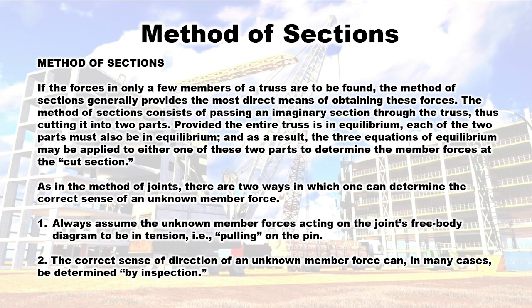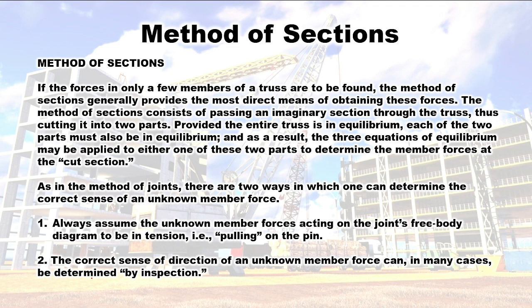The method of section consists of passing an imaginary section through the truss, thus cutting it into two parts, provided the entire truss is in equilibrium. Each of the two parts must also be in equilibrium, and as a result, the three equations of equilibrium may be applied to either one of those two parts to determine the member forces at the cut section.